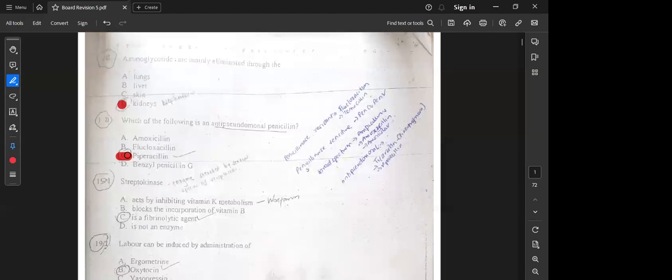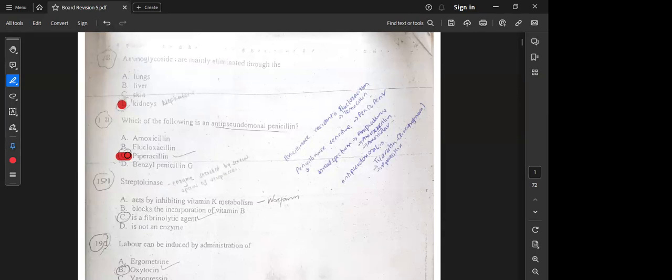For this group, they have a bigger, bulkier group, so they are resistant to beta-lactamase producing bacteria. The most effective is flucloxacillin.